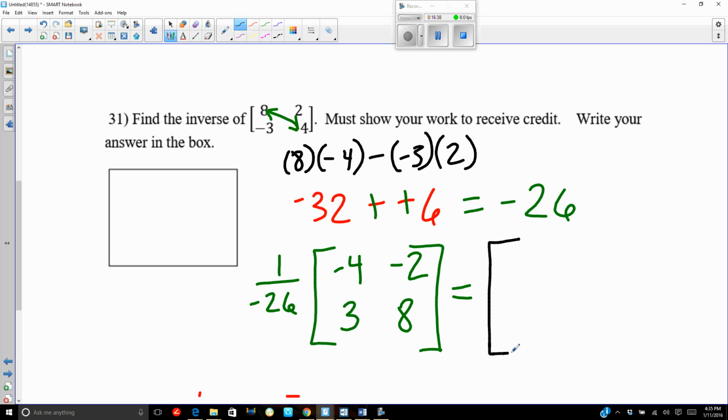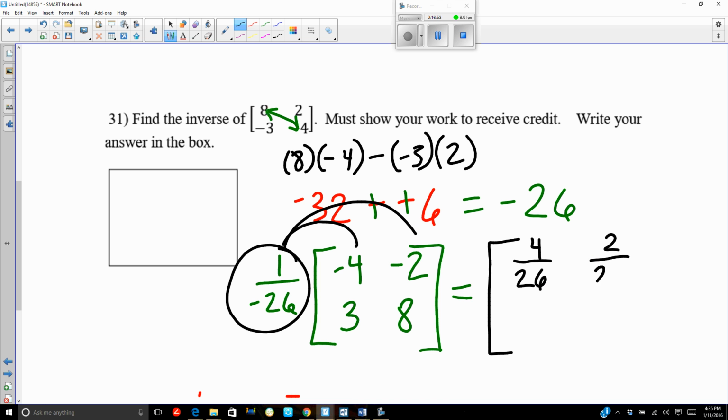So distribute -1 over 26 times -4 is a +4 over 26, which can be reduced. Then we're going to multiply it by -2. That becomes a +2 over 26, which also can be reduced.